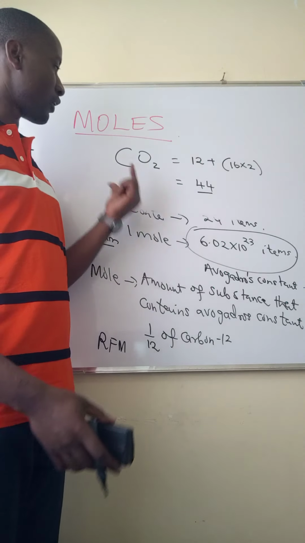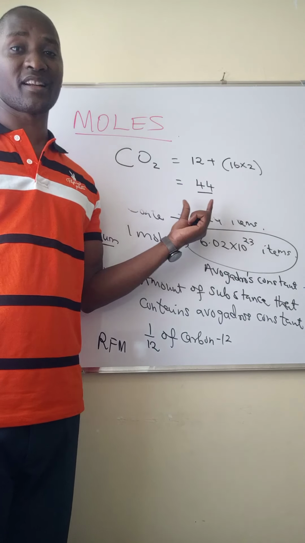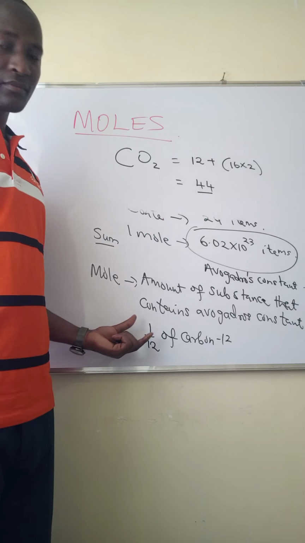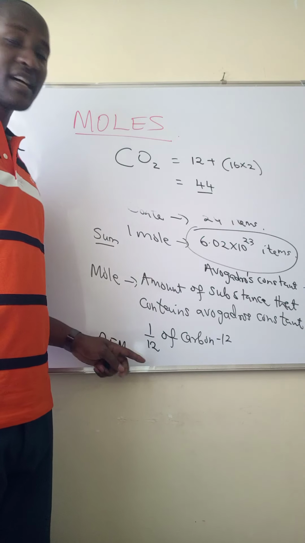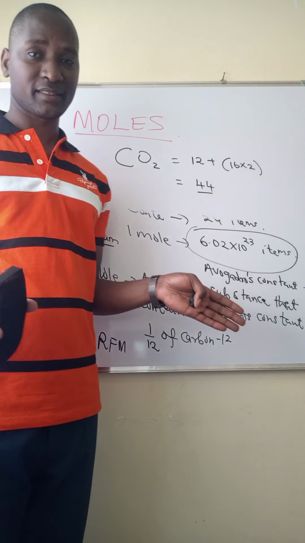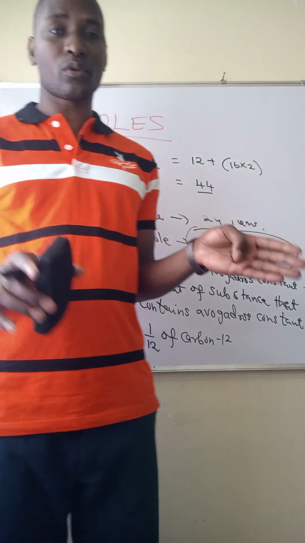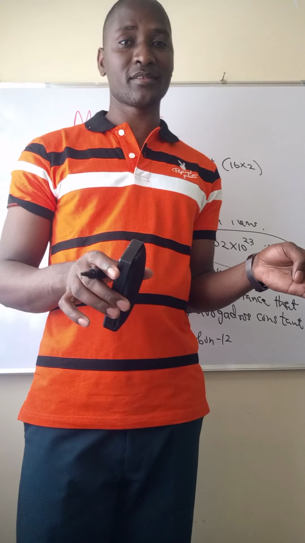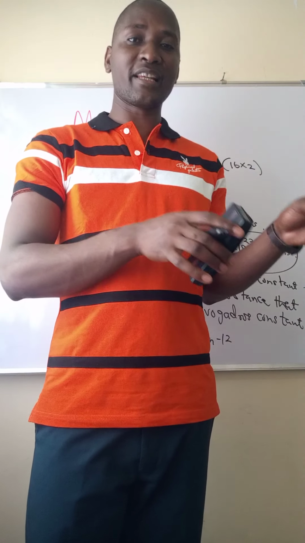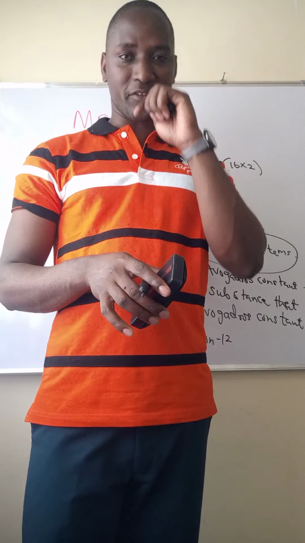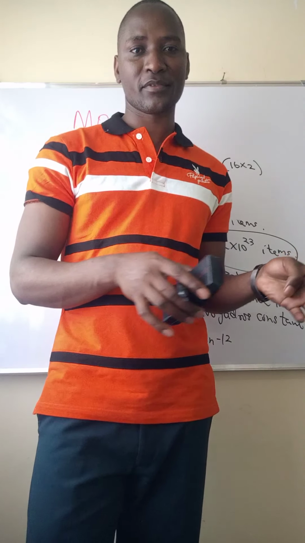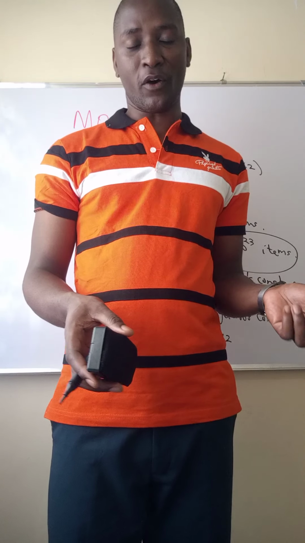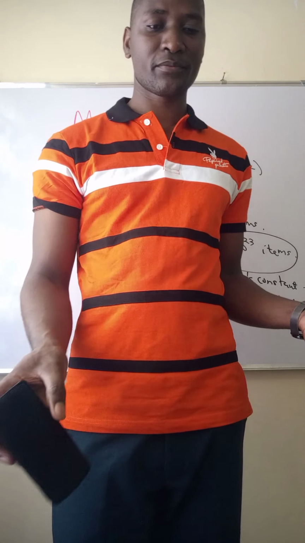So if it is a compound, we refer to the molar mass as relative formula mass. If it is an atom, we refer to the molar mass as relative atomic mass. And you have to know for this lesson that 1 mole is always the same as the relative atomic mass of a particular atom, or 1 mole is equivalent to the relative formula mass of any compound.